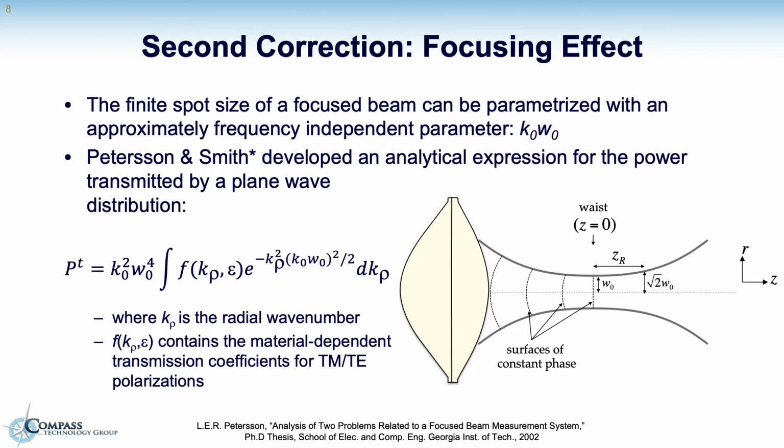And we're going to take advantage of his work, where we have this integral expression that relates the power transmission to the plane wave distribution. And so since we have a Gaussian beam, we know a little bit about how hard we're focusing. We can determine what the exact plane wave distribution is and use that to determine the effect of focusing.